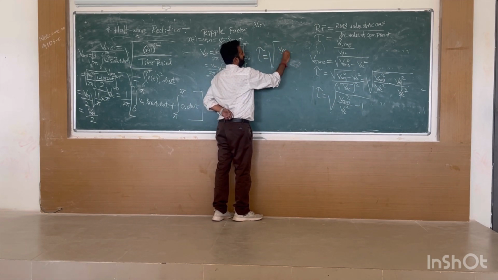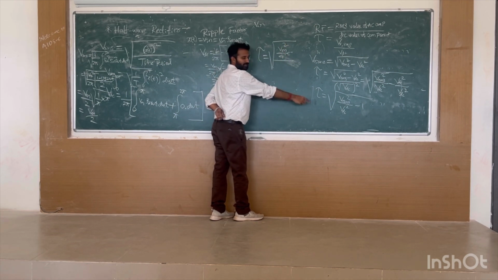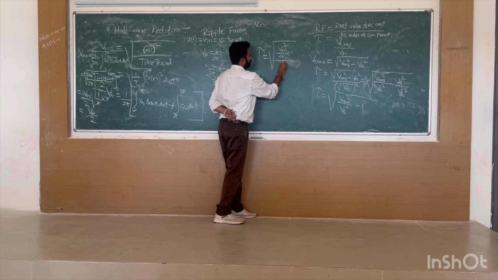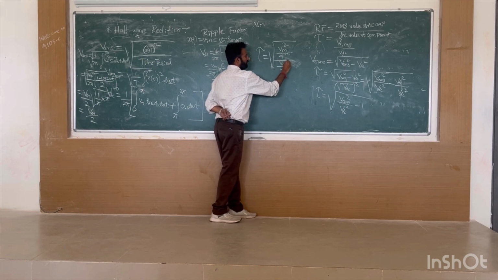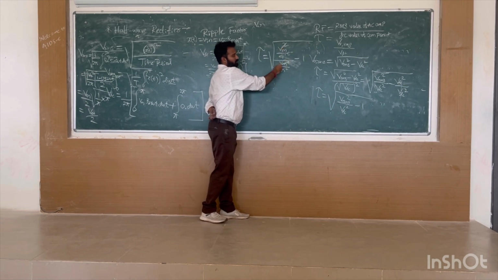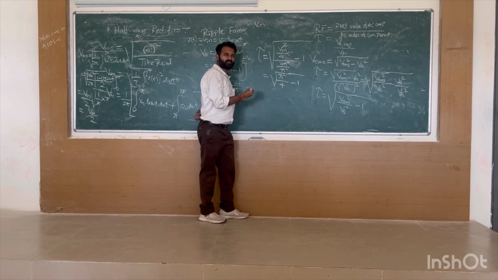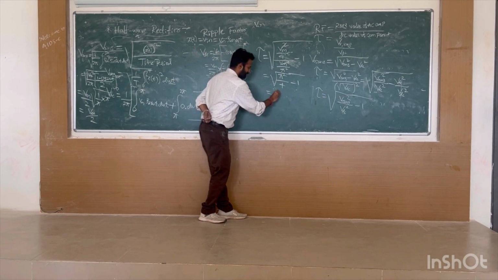Vm by 2, means Vm square by 4, divided by VDC, which is Vm by pi, Vm square by pi square, minus 1. So Vm square will get cancelled. Square root of pi square by 4 minus 1. How much will you get? I will write.